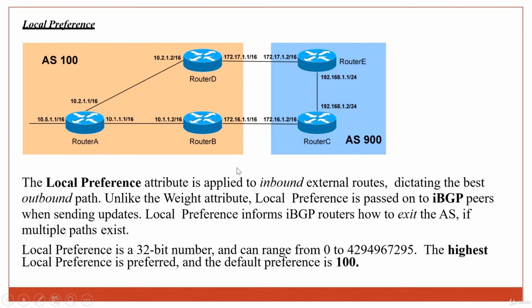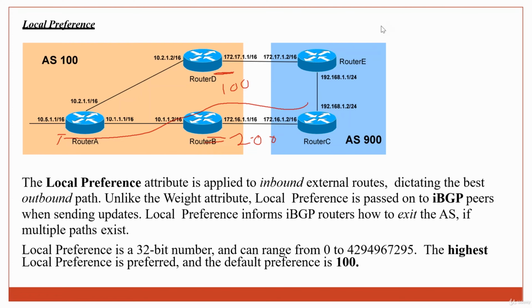So now I can apply local preference to these routers. Suppose if I put 200 here and local preference 100 here, obviously this path will be preferred, correct?